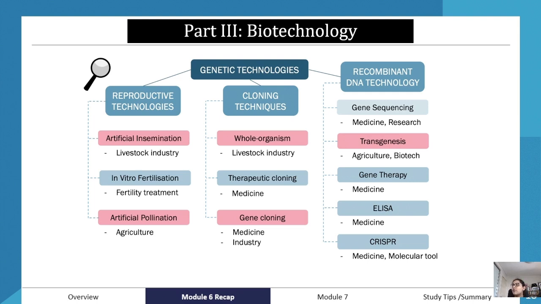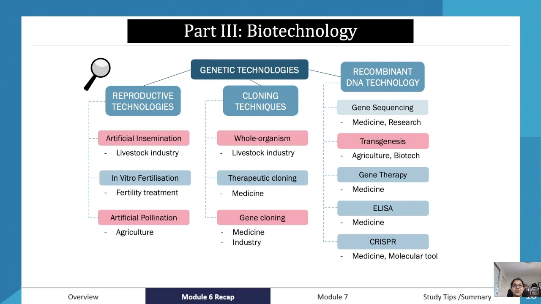So we've got reproductive technologies including artificial insemination, which is used in the livestock industry. We've got in vitro fertilization, so IVF, which is a fertility treatment. And finally we've got artificial pollination, which is used in agriculture. So these three are reproductive technologies. Then we've got cloning techniques. And cloning techniques include firstly whole organism cloning, so it's used widely in the livestock industry.